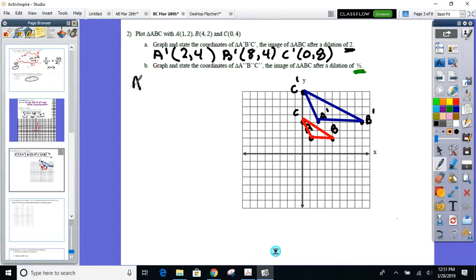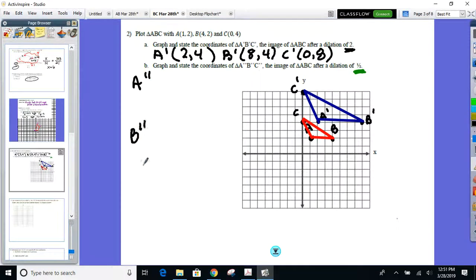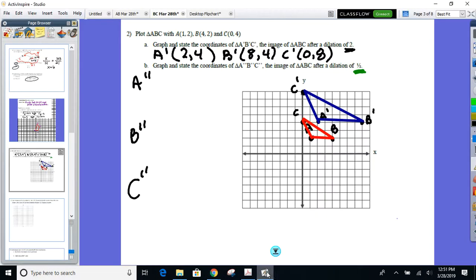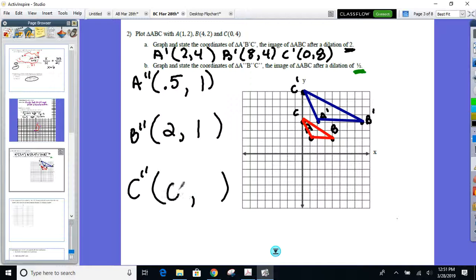So here we go, A double prime, B double prime, C double prime. Who's got those coordinates? Number 13 got those coordinates here, A double prime. Yep, B double prime, and C double prime. Watch the triangle get smaller now because all the points are coming closer.